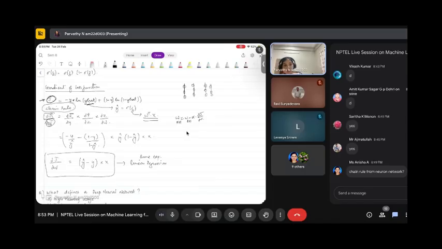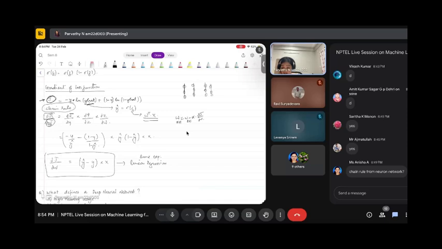But in summary, we run the forward pass where we calculate all the activations, where the activation is given by W into X. We get the activation in each layer, and in the final layer we calculate the error, and then we propagate backward.